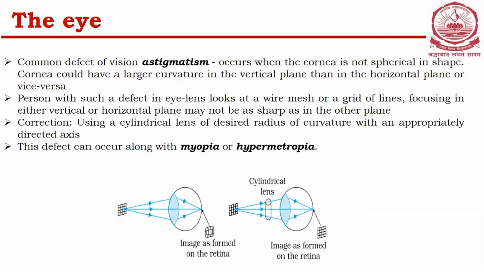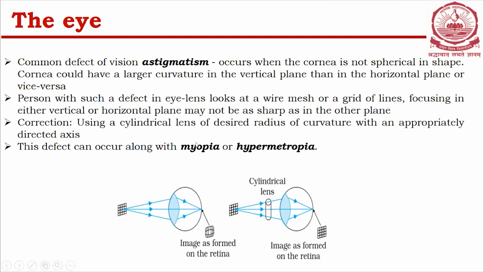How to correct that? I think you might have heard that your eye has some astigmatism, so you have to use a cylindrical lens. With a cylindrical lens, you are able to correct this astigmatism. This effect can also occur along with myopia and hypermetropia.